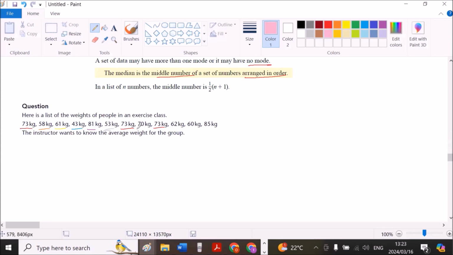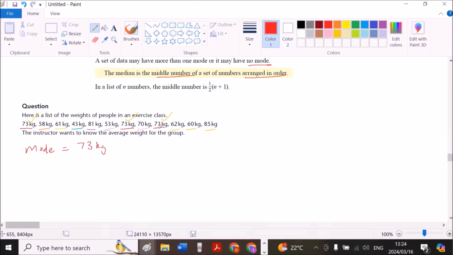Then we have 70 kgs and no other 70. Then we have 62 and no other 62. Then we have 60 and 85, no other. So the most common one is 73 kgs. So we can say the mode is 73 kgs.